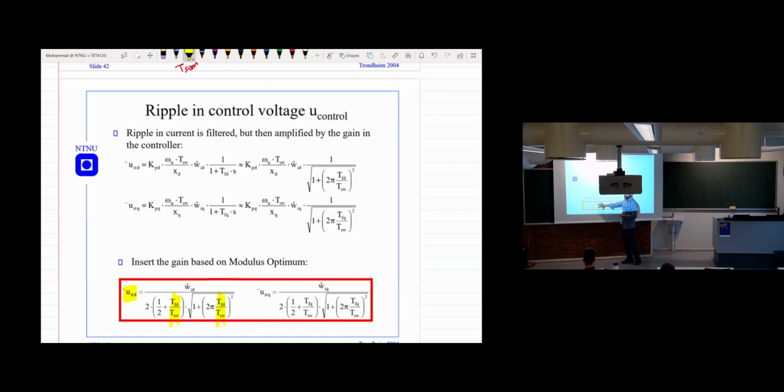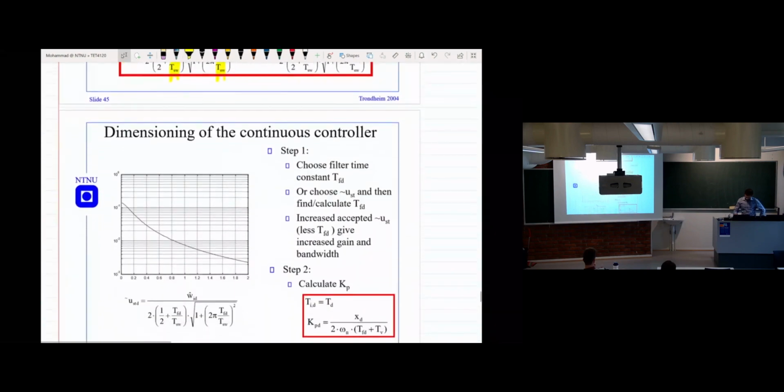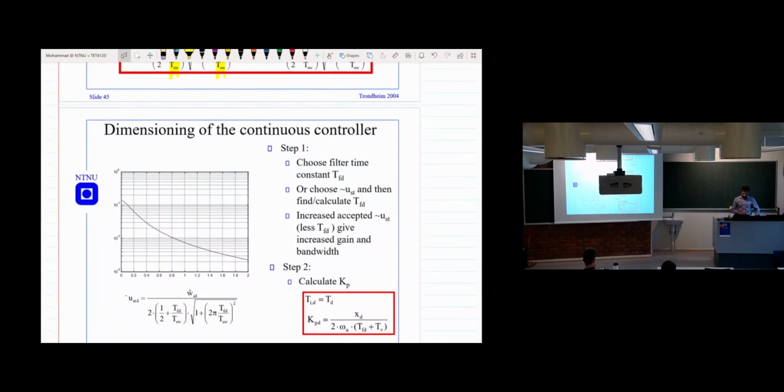So we try to limit this ripple voltage to not more than 8%, maybe 4 or 5%. If we know the frequency of the triangular carrier, then you can calculate the time constant of the filter. So this is one example here.